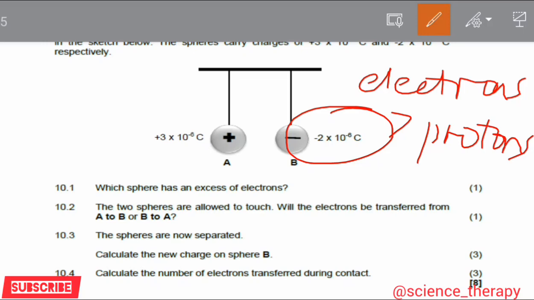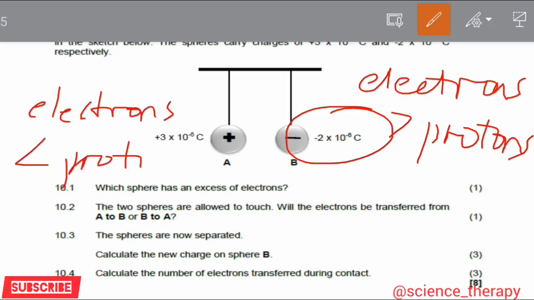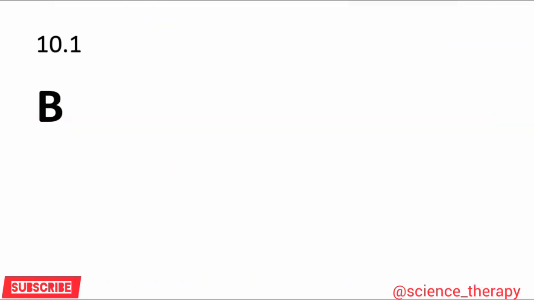And then this one is positively charged as a result of the electrons being less than the protons, right? So if it is positively charged, we have a deficiency of electrons, and if it is negatively charged, we have an excess of electrons. So the correct answer to 10.1 is definitely B, right?